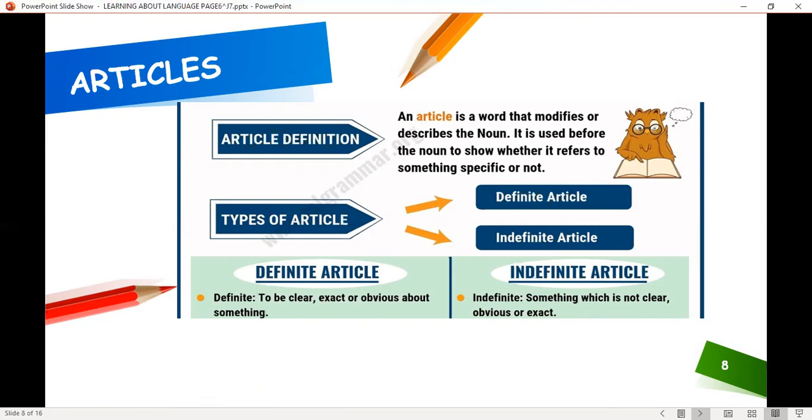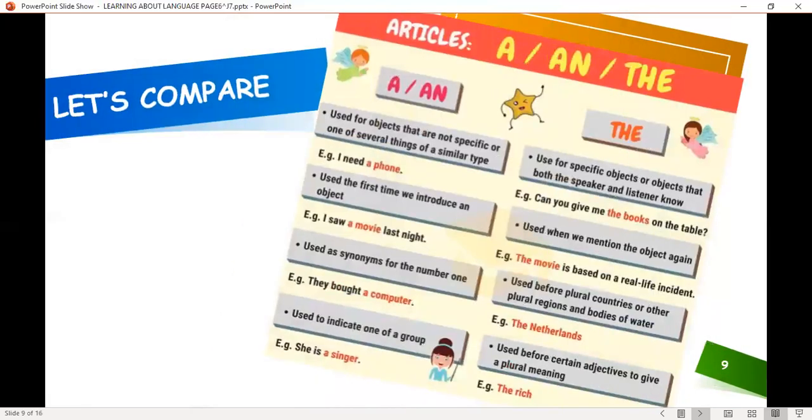Let us compare both the articles. A and an are the indefinite articles while the is the definite article, as the refers to something specific and a and an refers to something not specific. For example, I need a phone.